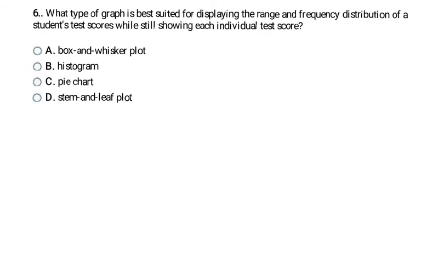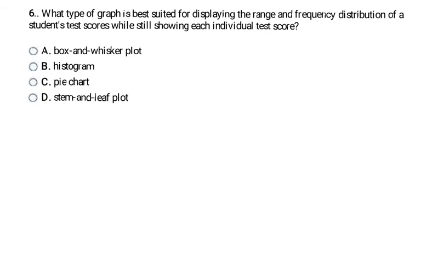This example asks, what type of graph is best suited for displaying range and frequency distribution of a student's test score while still showing each individual test score? So this one here, it wants to know about range, frequency, and individual score. So it doesn't want to lose any of the data.